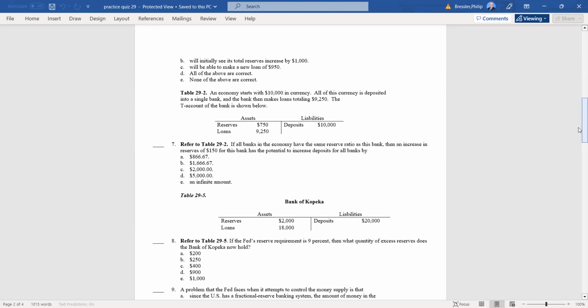Now, if I'm looking at 7, a possible question could be, what is the money multiplier? What is the reserve ratio? We did all that. And of course, they could give a different number than the 150 in reserves. Or they could say, like, Evan deposits 10,000.